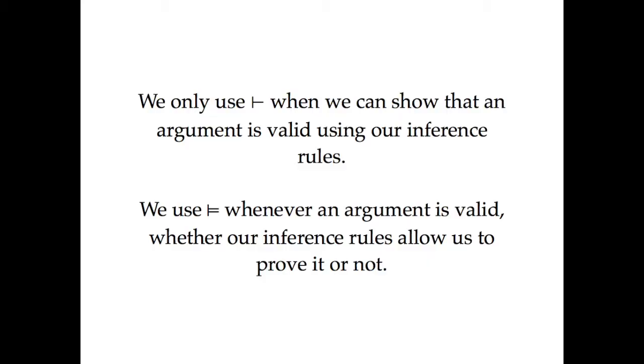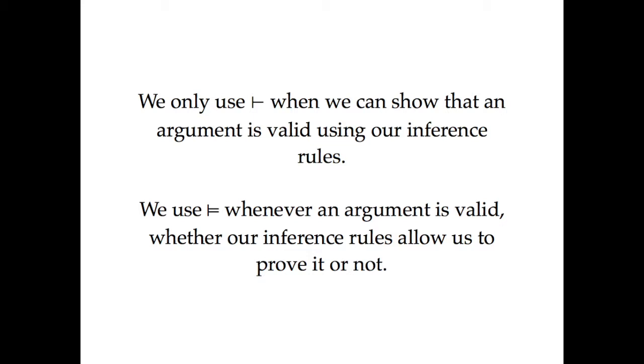Now, one of you asked in a comment on the last video what the difference is between entailment and proof. We only use prove, the single turnstile, when we can show that an argument is valid by using our inference rules.